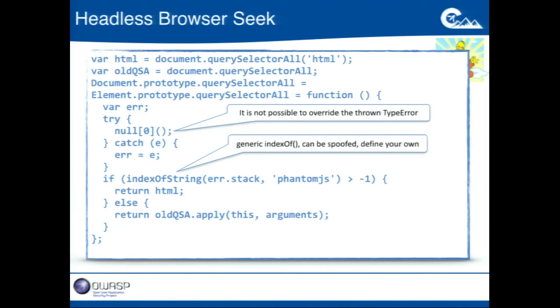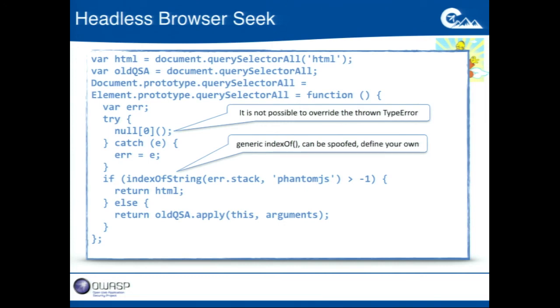It throws an exception and we check the stack trace for the presence of Phantom.js. If it turns out it's Phantom.js, then querySelectorAll can do something stupid, like return the HTML element instead of the currently matching element of the page.